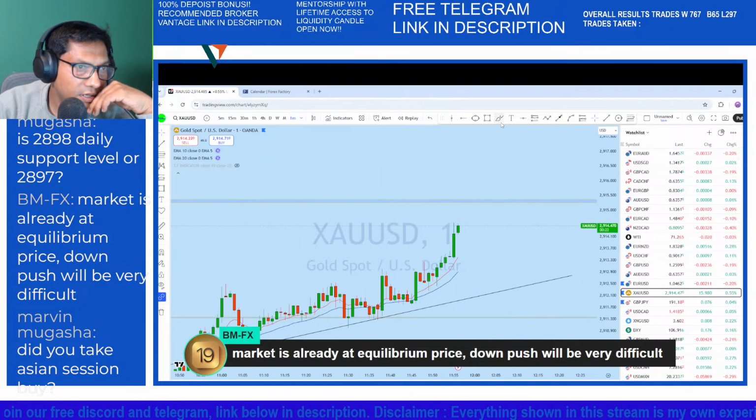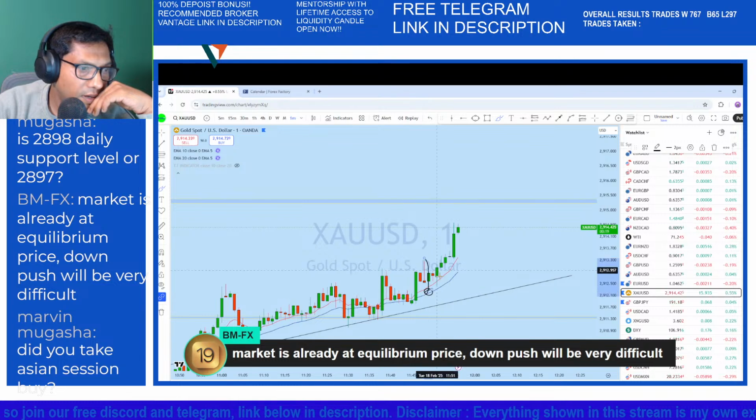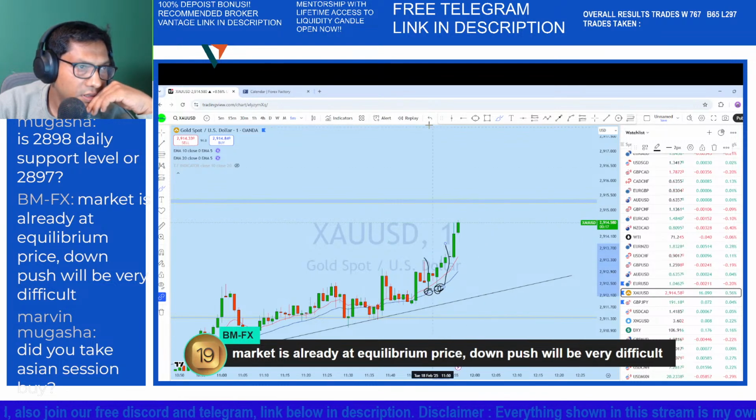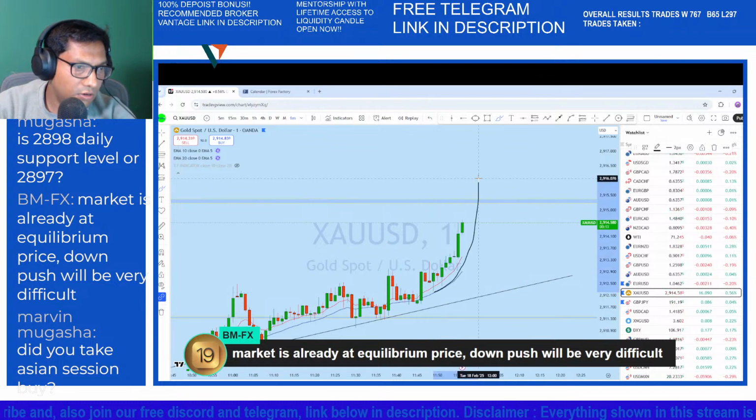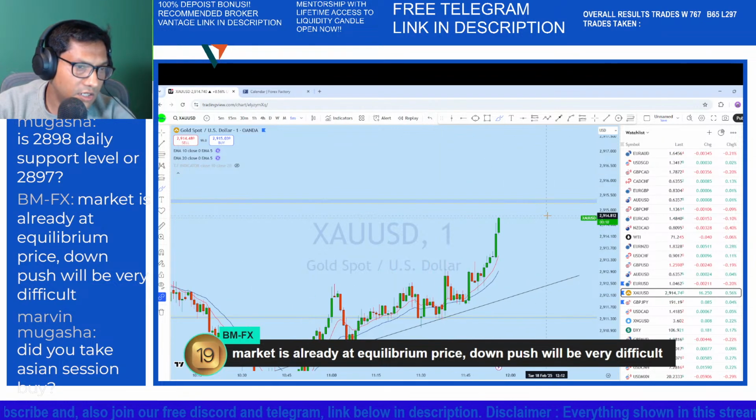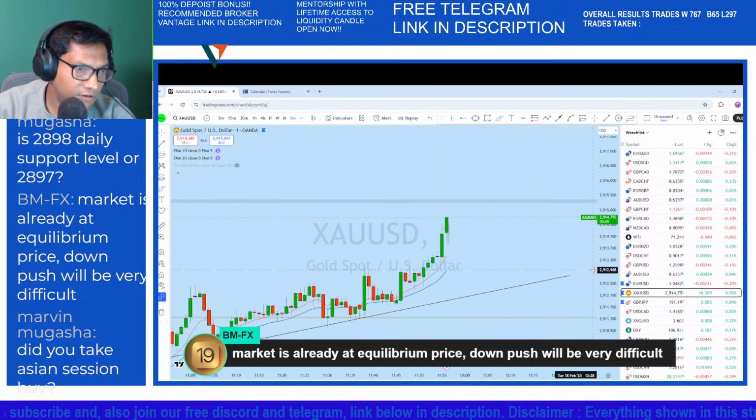Okay, so here is a bounce, a bounce. So multiple zones here, looking for where the market is potentially heading.